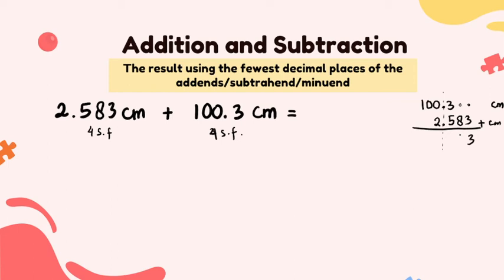But the second addend, jadi angka yang kedua, itu punya 3 decimal places, 1, 2, 3. Ya. Now we choose the one closer to the decimal point. Jadi kita pilihnya yang paling dekat dengan decimal point.